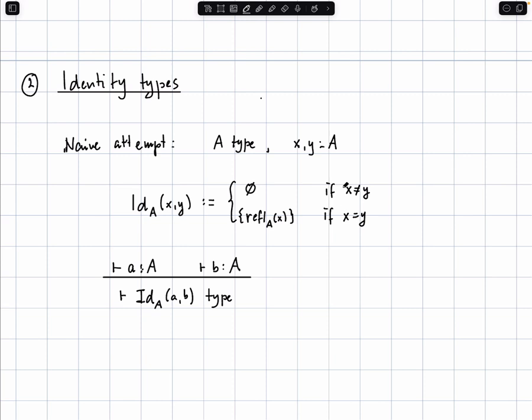Now we have to say under what circumstances this happens. And the rule goes like this. If I have an element a in A, then there's an element called refl a, which is an element of id A a a.